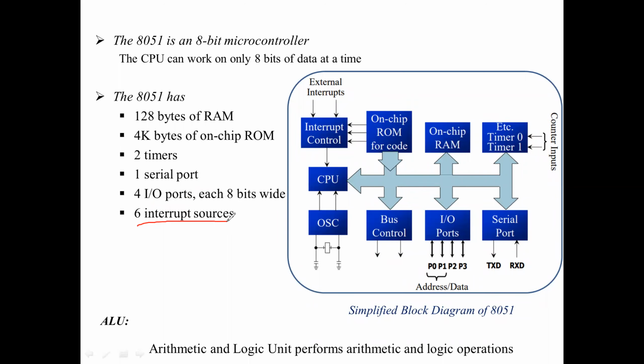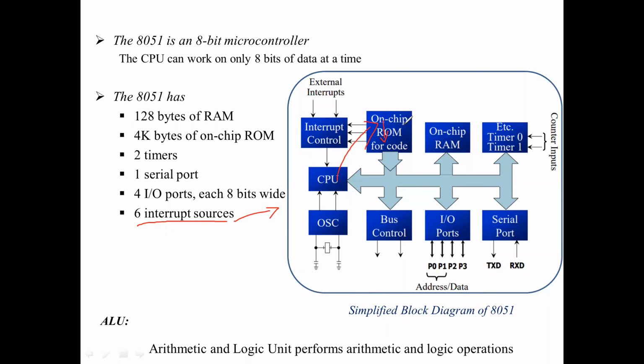The interrupts will be there in the pin diagram, like RST 0. Interrupt sources are nothing but this: initially you will be writing code sequentially inside the ROM. An interrupt is a sudden interruption of your presently executing program.